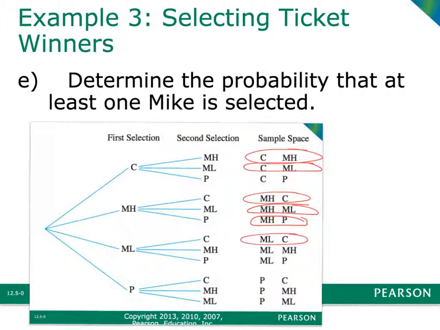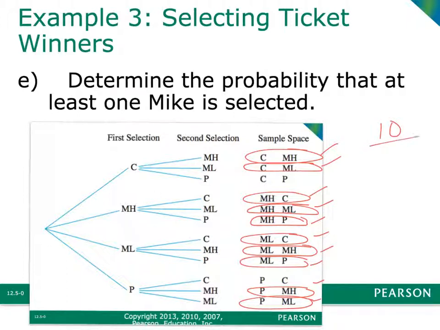Mike L and Christine, Mike L and Mike H, Mike L and P count. Phyllis and Mike H and Phyllis and Mike L count. 1, 2, 3, 4, 5, 6, 7, 8, 9, 10. There's 10 ways that at least one Mike gets to go. 12 total possible items in the sample space. So the probability that a Mike is going to attend is 5 out of 6.